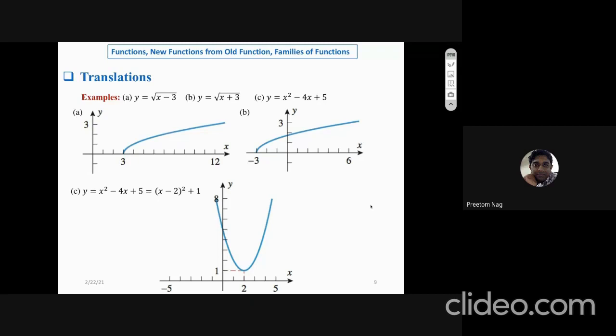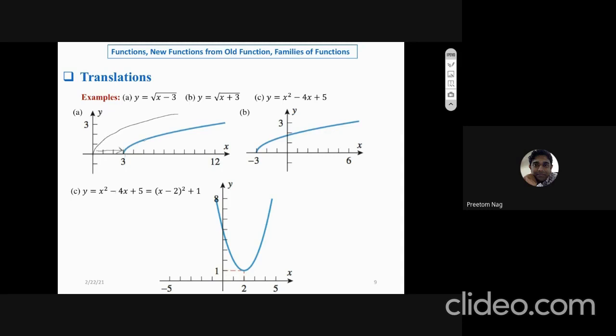Now if you have a look here, the y equal to square root of x graph we consider as the original graph, since there is a square root function. So this is your square root of x graph, right? So the square root of x graph should move right side by 3 units.